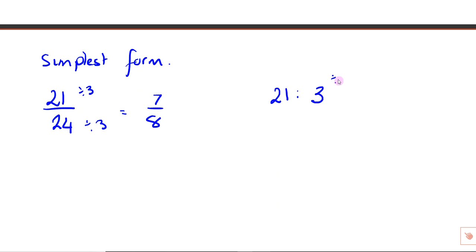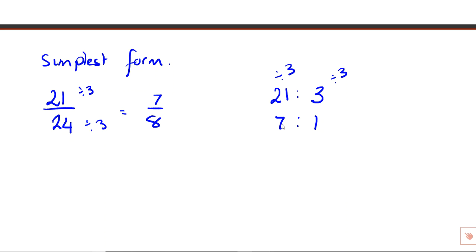Divide by 3 again. 7 to 8. We have to read left to right, and it does matter which way round it goes. So, for instance, question 2, it says, what's the ratio of pens to pencils? Pens to pencils is 4 to 3. Pencils to pens would be 3 to 4, so we have to get it right.